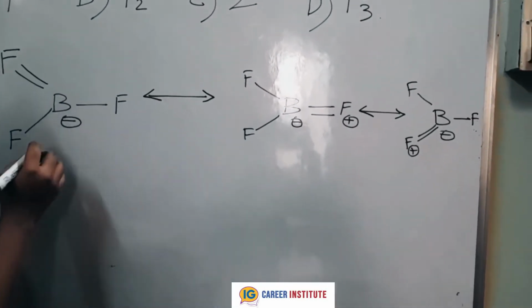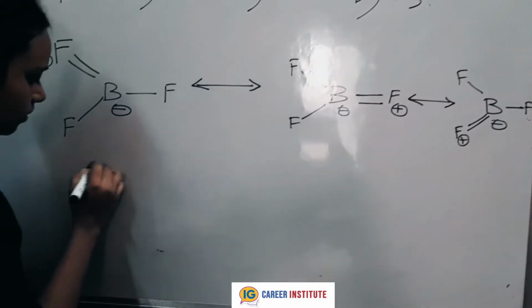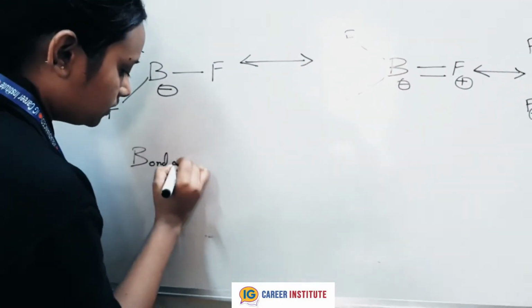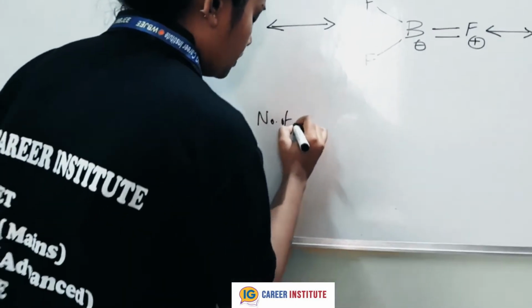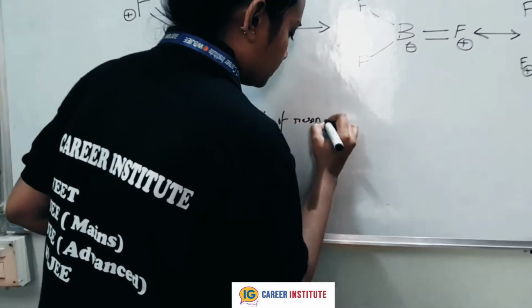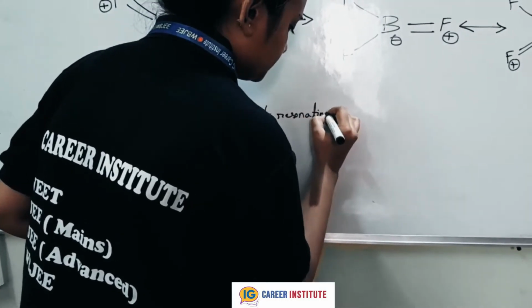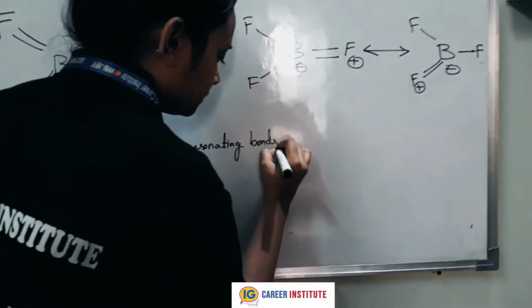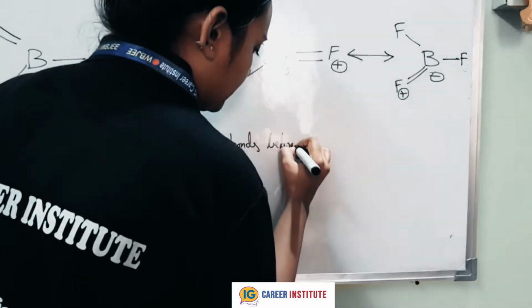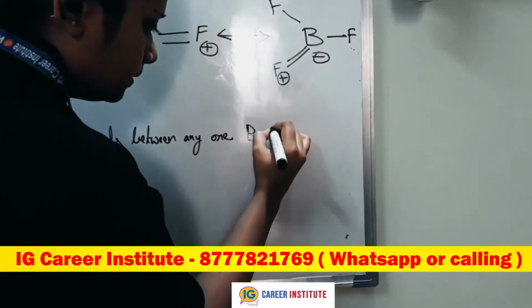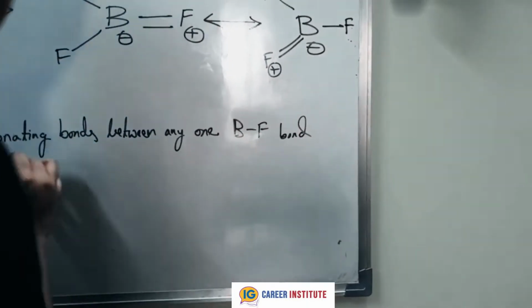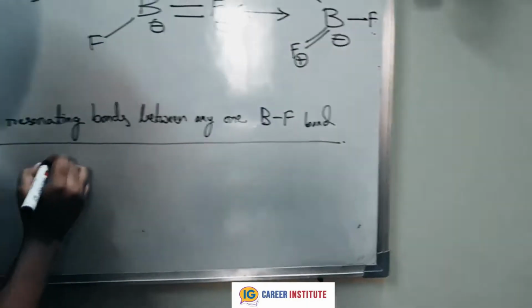Now, in order to find out the bond order, there is a formula. Now, what's the formula? Bond order equals the number of resonating bonds between any one BF bond divided by the total number of resonating structures.